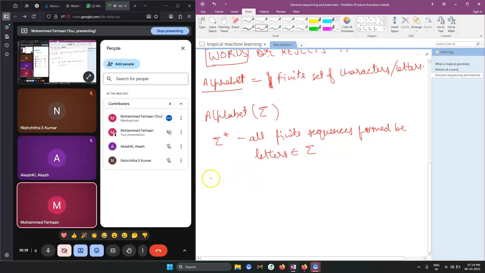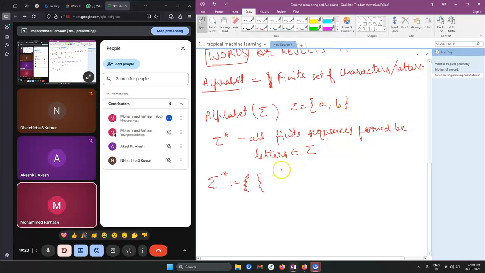Now let's just construct what sigma star looks like. Let me take a simple example, I'll just take A, B for now.